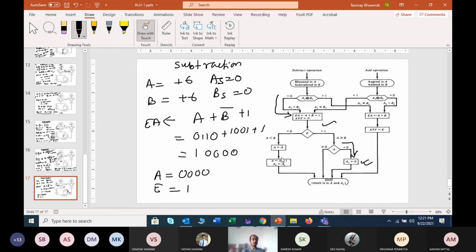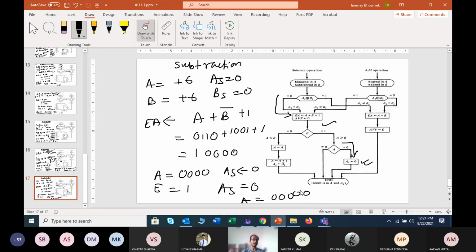So AS should be made 0 and this is your final result. AS is equal to 0 and A is also 0 0 0 0. This is the overall example.